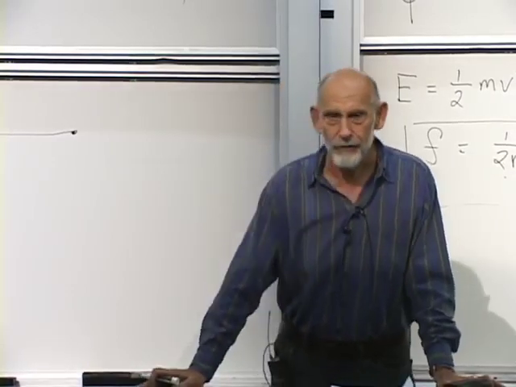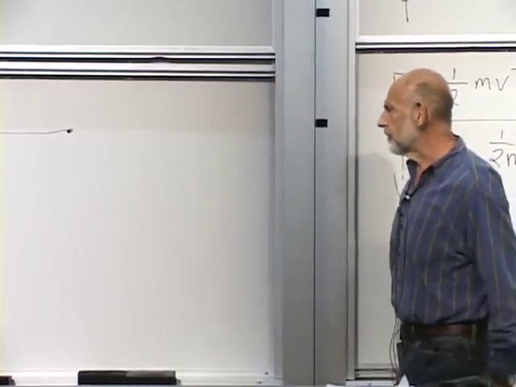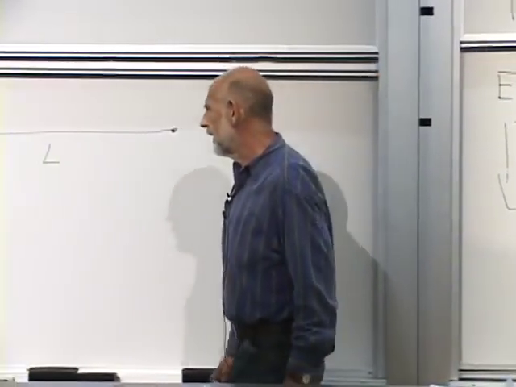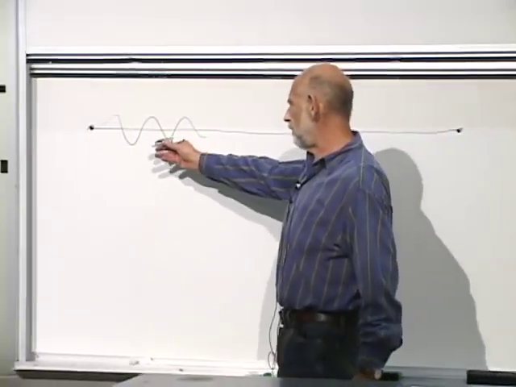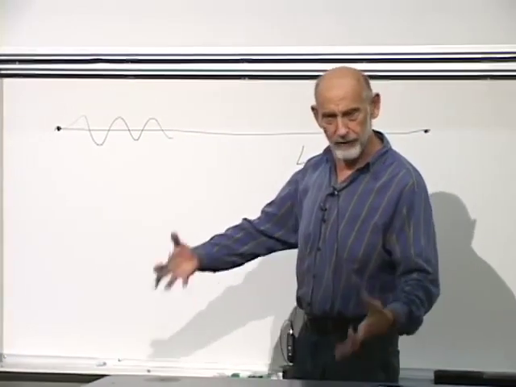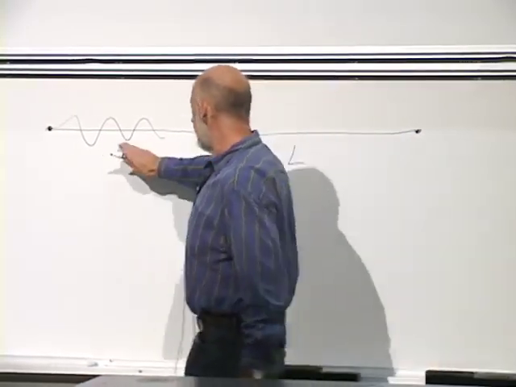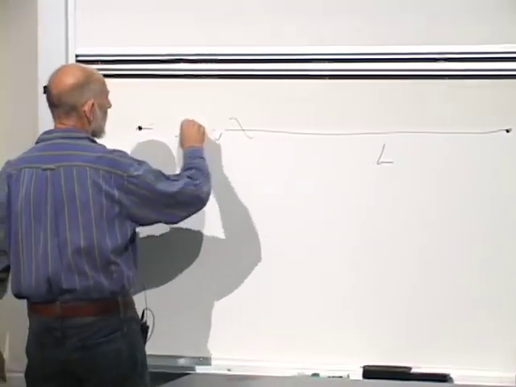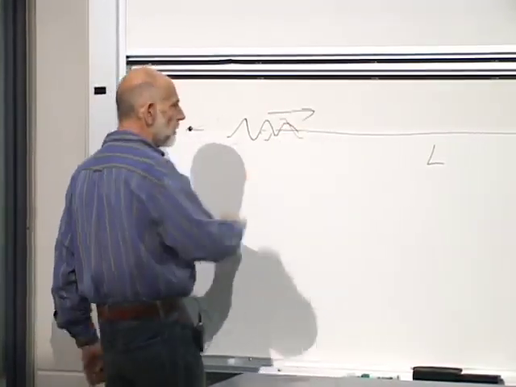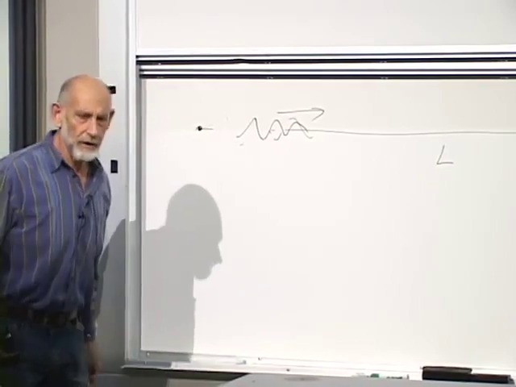Momentum. After all, the momentum of a wave is a vector quantity, it points in a direction. If a wave is moving along this axis, here's a little wave, its momentum is pointing to the right.